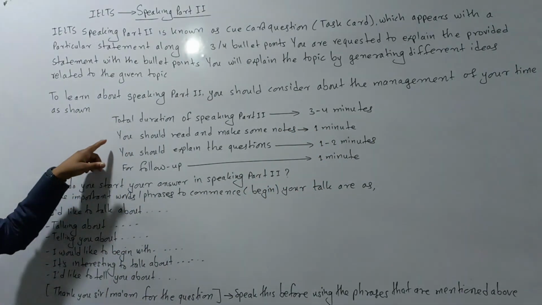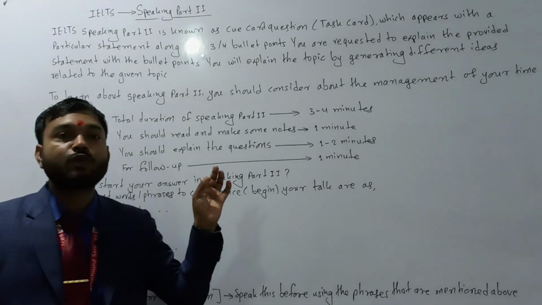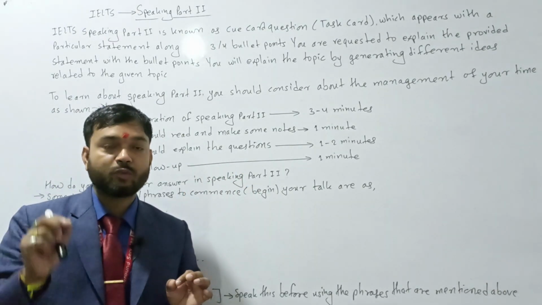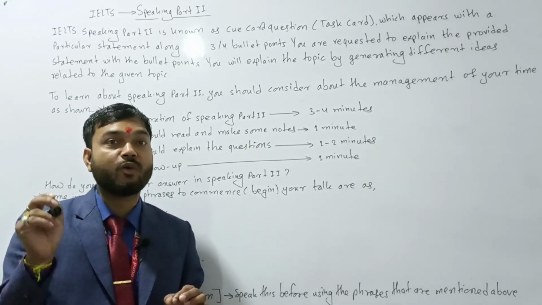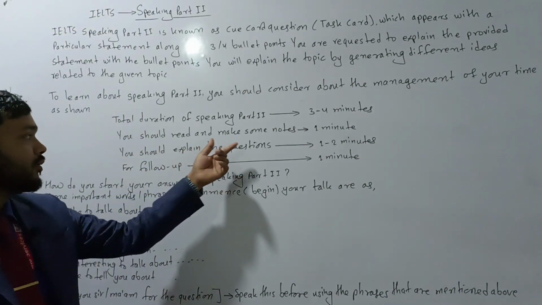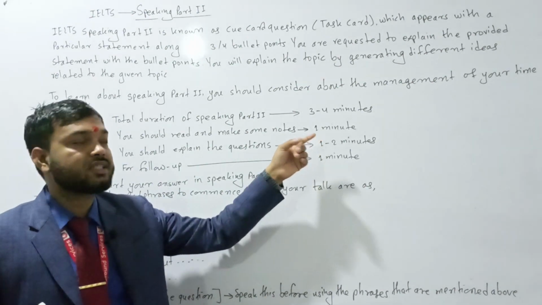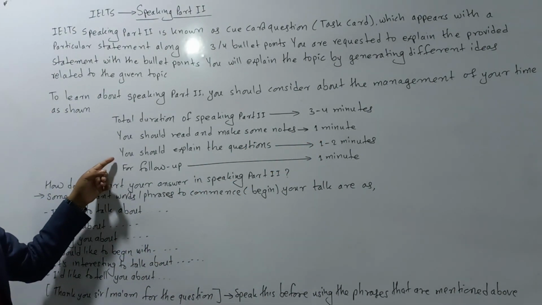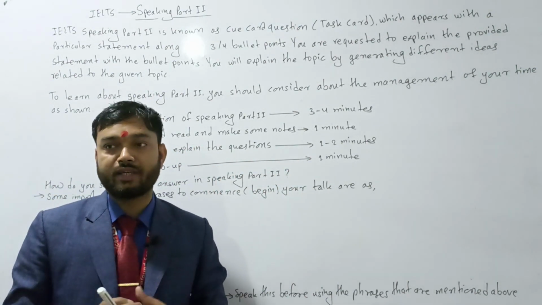Have a look. You should read and make some notes for the question, right? You are given a short time to prepare some notes, and notes can be words, not sentences. For making notes, you have 1 minute, 60 seconds. You should explain the question for 1 to 2 minutes by speaking.